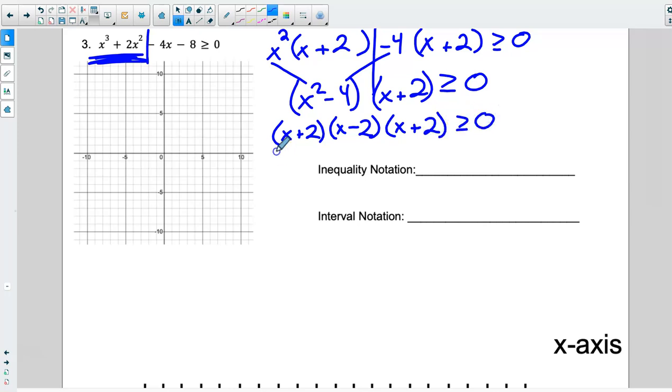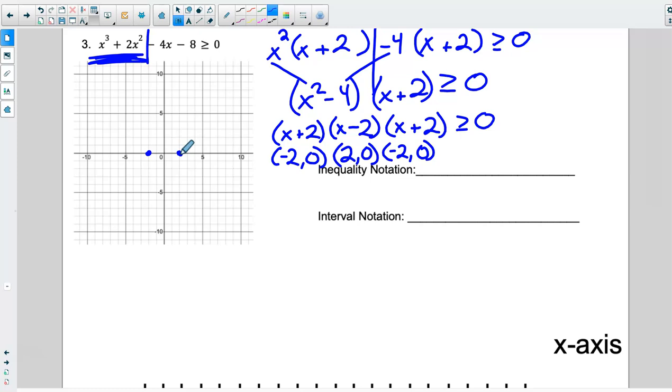So my zeros are going to be -2 comma 0. It's going to be 2 comma 0. And I get -2 comma 0 again. So what's happening at -2 comma 0? Do I put like 2 dots or what do I do? It's a bounce. Good. So it's a bounce, and then 2, 0 is a cut. So degree 3 is what we're looking at.